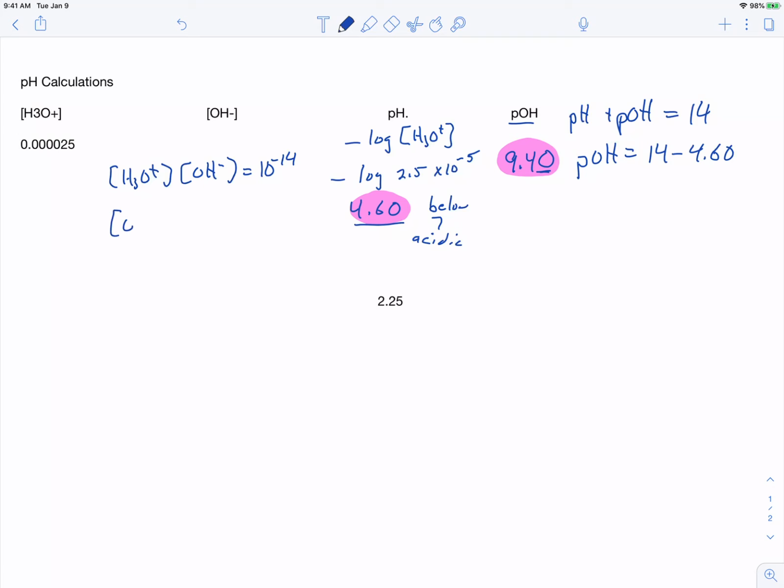So hydroxide is going to equal 10 to the minus 14 divided by the hydronium concentration. In this case, 10 to the minus 14 over 2.5 times 10 to the minus fifth is going to be our hydroxide concentration. Take a moment and put that in your calculator.